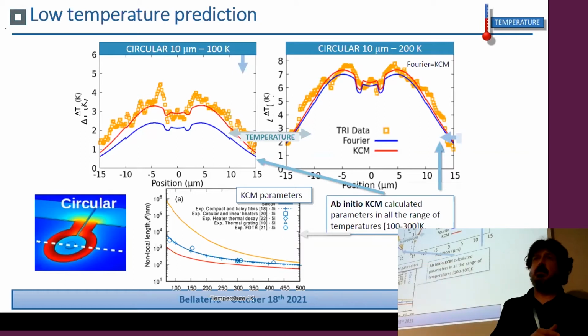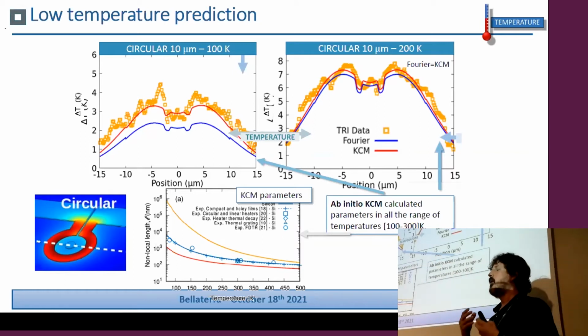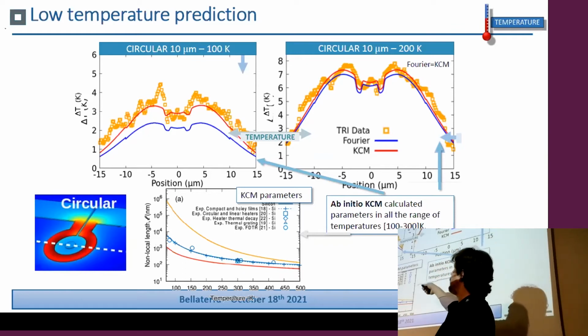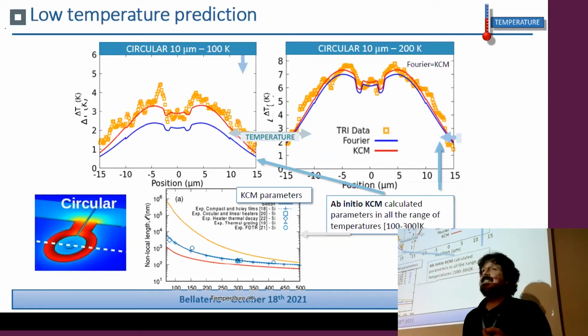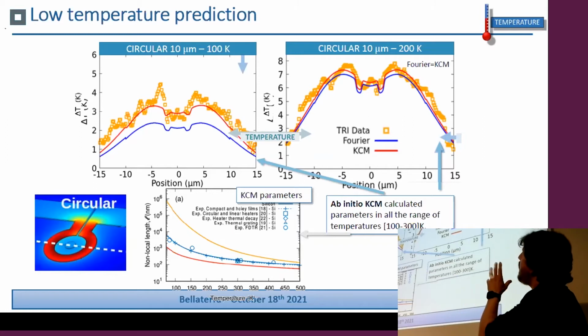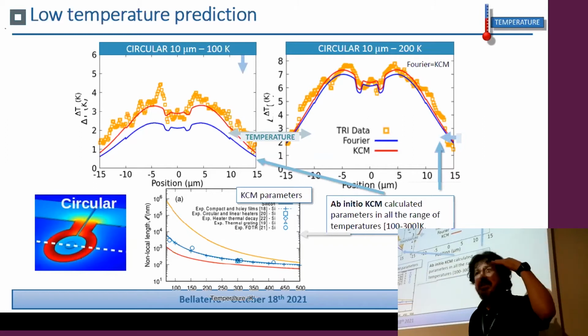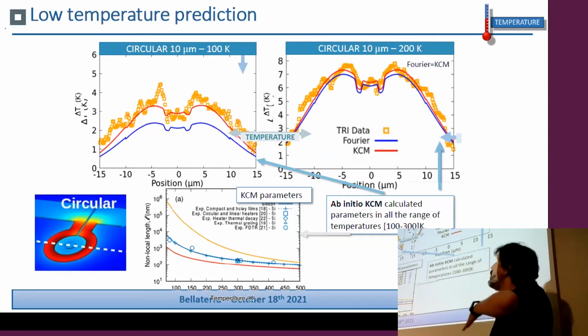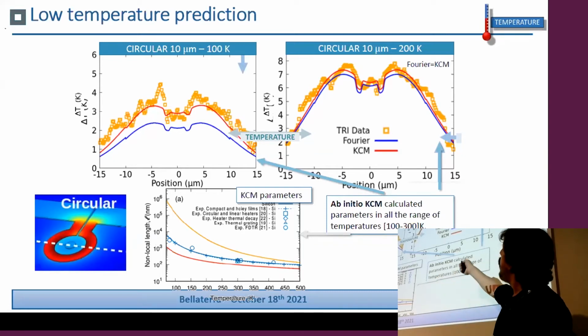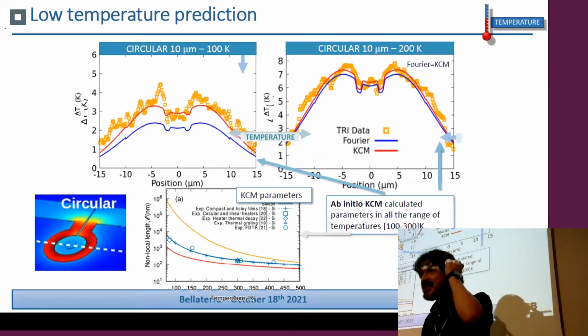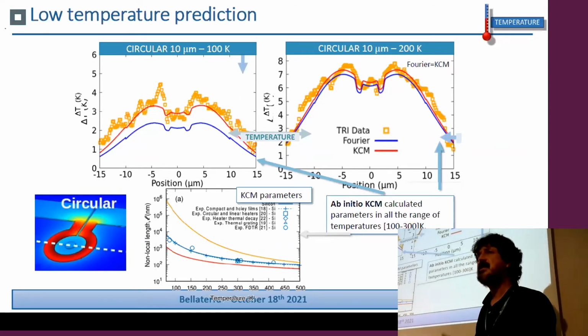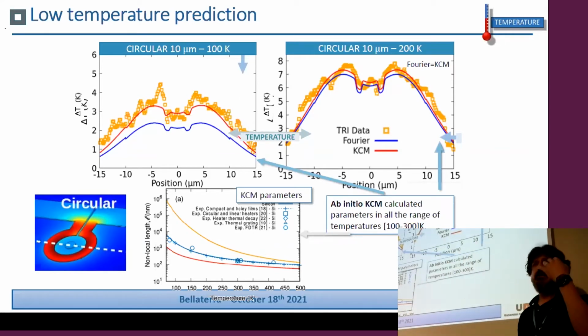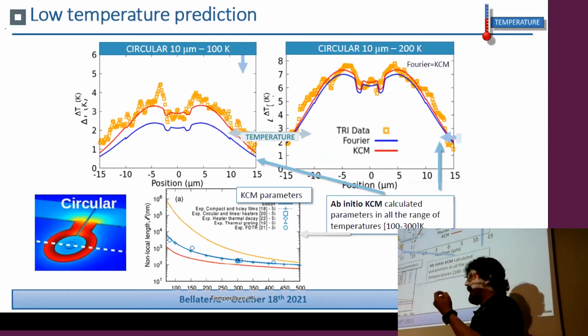As you go to lower and lower temperature, these values should change. And look at this. We observe that the predictability is still the same. When you go as down as 100 nanometers, you can still rely on the ab initio non-local length, L.